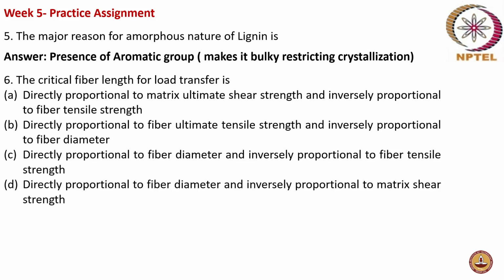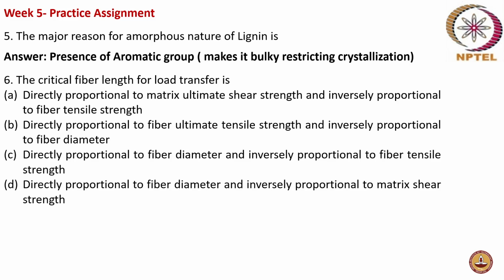Is it option B? Someone else wants to make an attempt? B, ma'am. D. I mean D for B, ma'am. B for Bombay. Okay, you are also saying B. Yes, fiber ultimate strength and inversely proportional to fiber diameter.